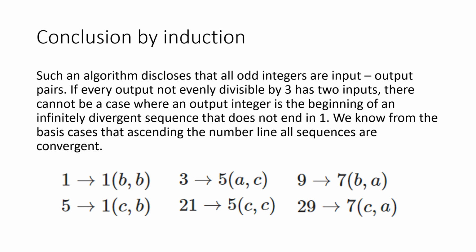We know from the basis cases that ascending the number line, all sequences are convergent. The basis cases are the ones I show here, strictly the very first one, input 1, output 1, and then we have this essential second case of input 5, output 1, which is this operation C.